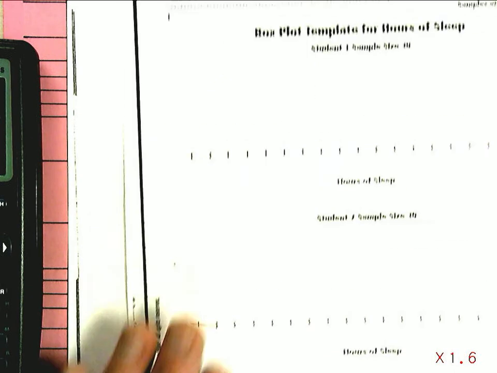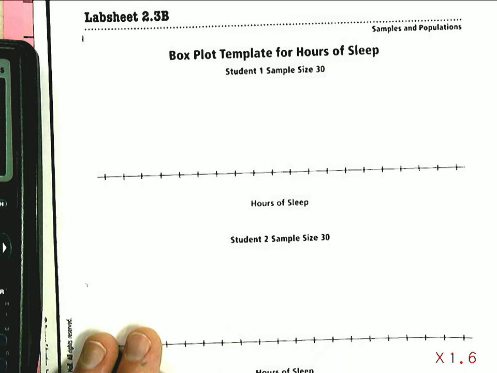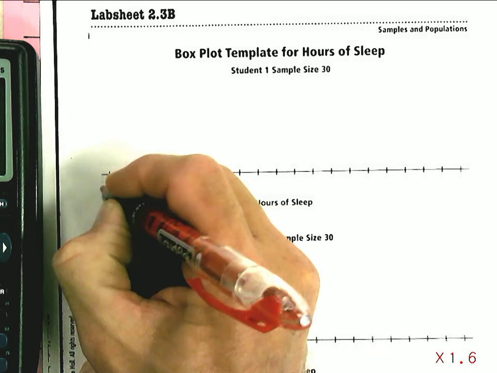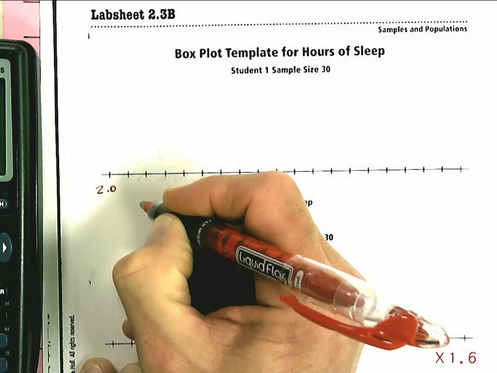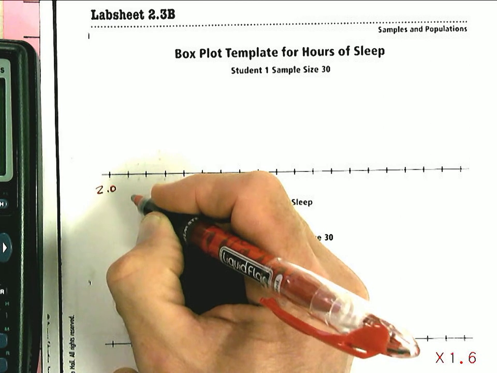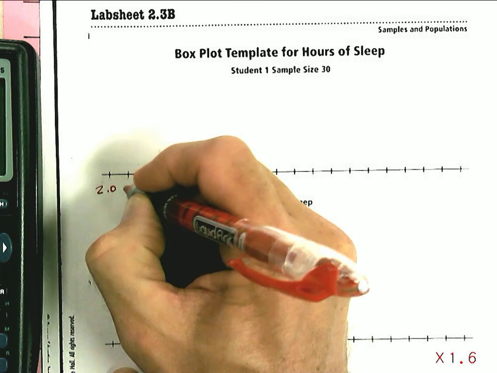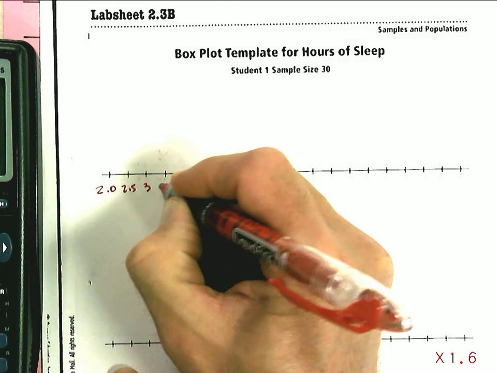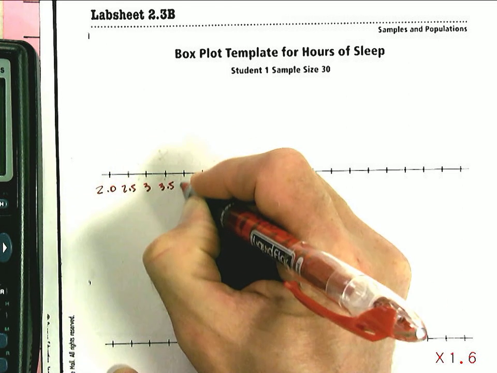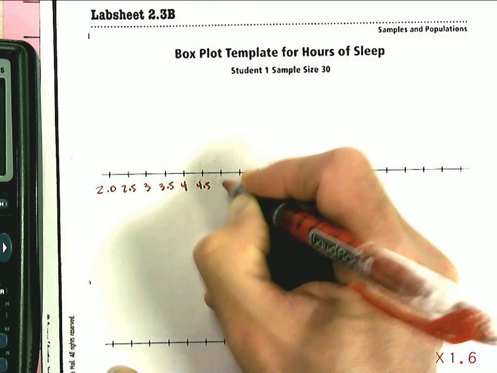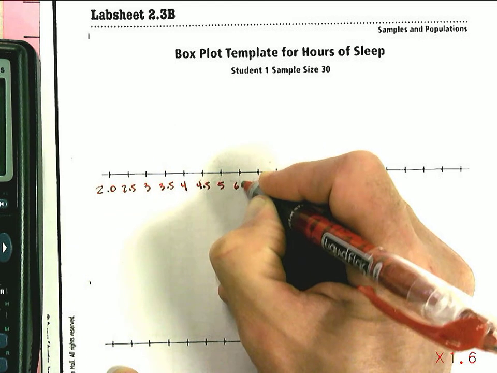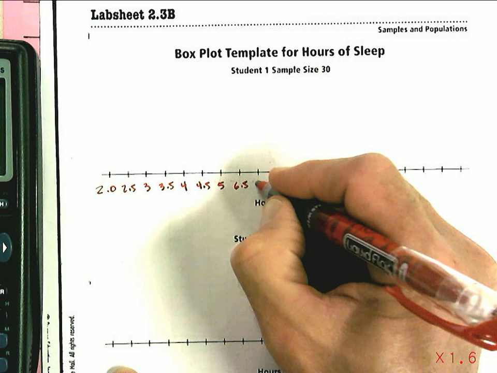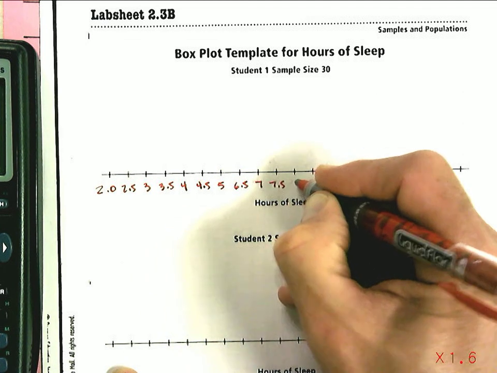So if I start my line here at 2.0, and then I go by half hours, so this would be 2.5 and 3 and 3.5 and 4, 4.5, 5, 6.5, 7. Just keep going across.